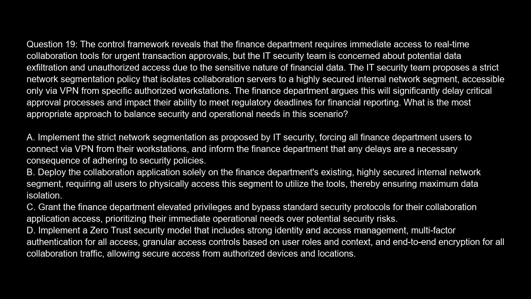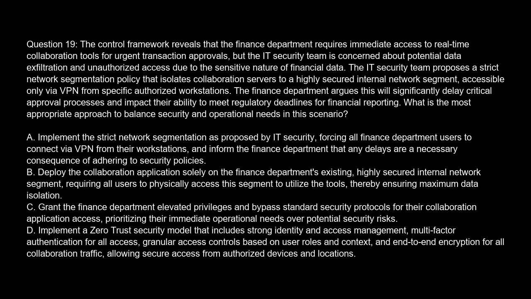Option A. Implement the strict network segmentation as proposed by IT security, forcing all finance department users to connect via VPN from their workstations, and inform the finance department that any delays are a necessary consequence of adhering to security policies.